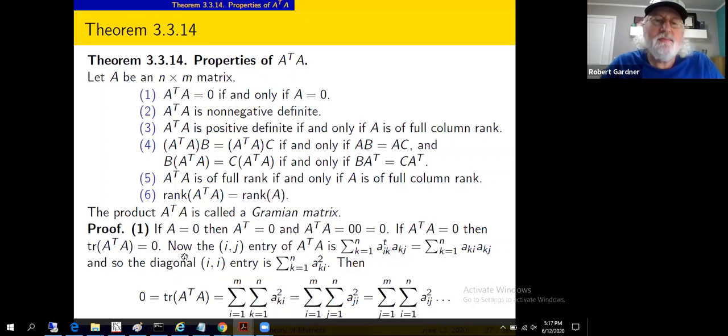It's a square matrix. So let's find the ij entry of A transpose times A using my little notation that I introduced. How do you multiply matrices? Well, you get the ij entry. You take A sub ik of the first one and A sub kj of the second one, sum over the appropriate k's.